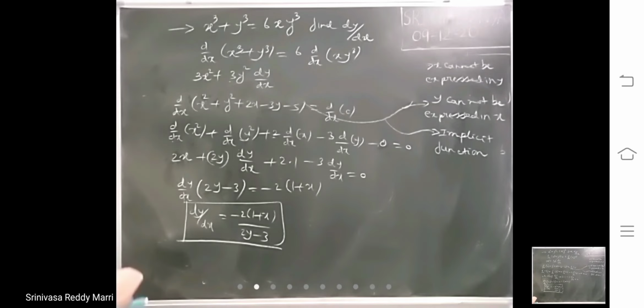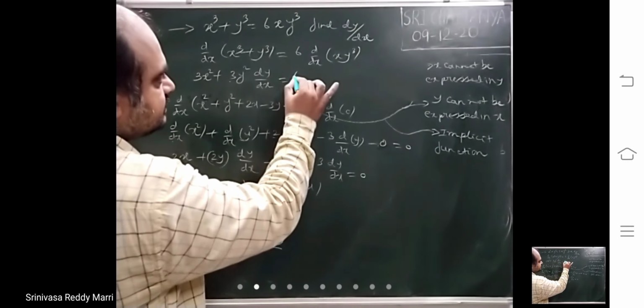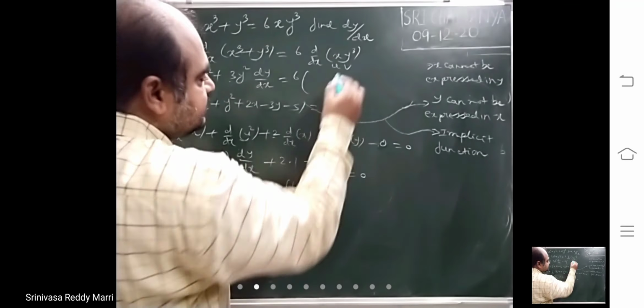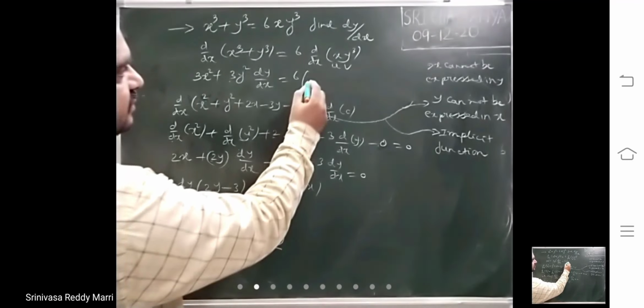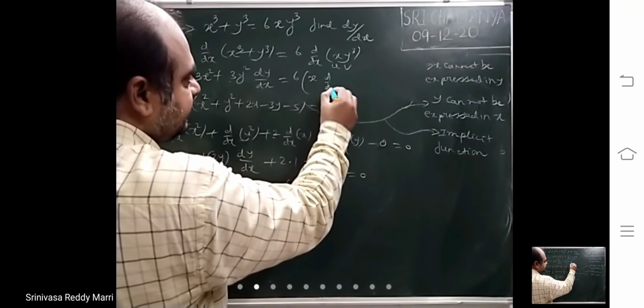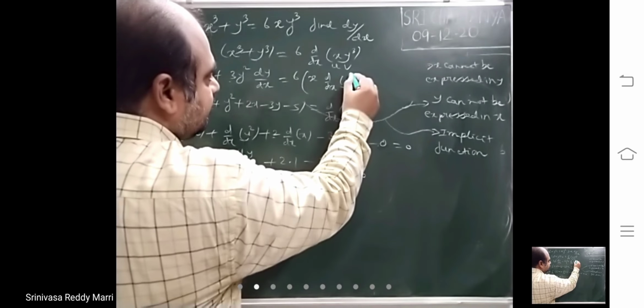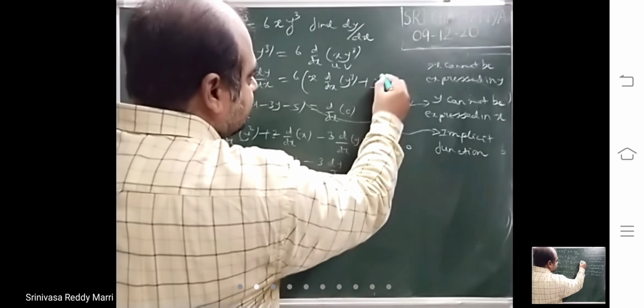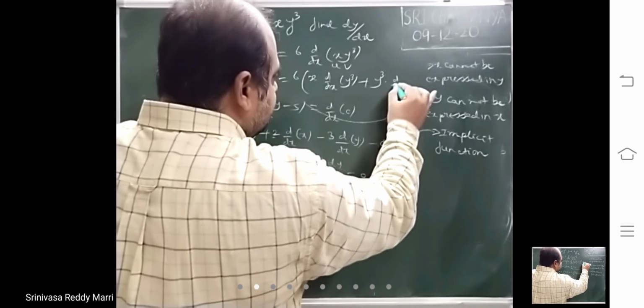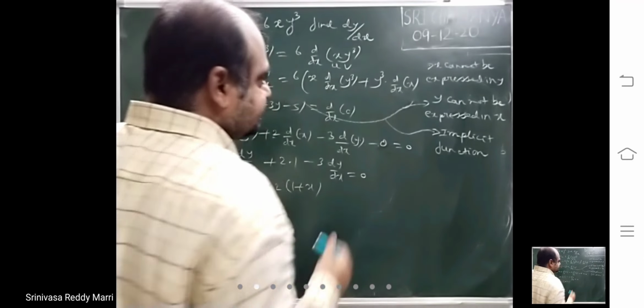That means dy by dx equals 6 into, this is u, this is v, so u dv plus v du: x into 3y square dy by dx plus y cube into d by dx of x.